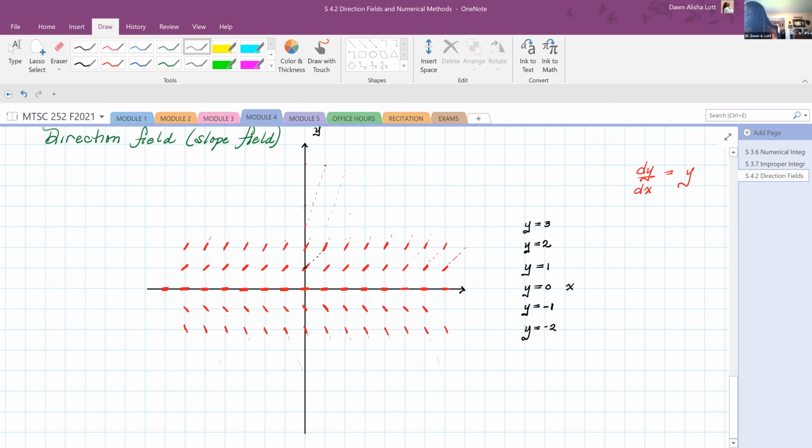Up 3 over 1, up 3 over 1. So see how the slopes are getting steeper? Because why are the slopes getting steeper? Well, y is increasing. So if y is increasing, the slopes are getting steeper.